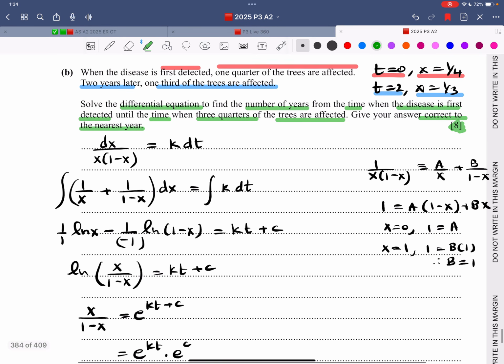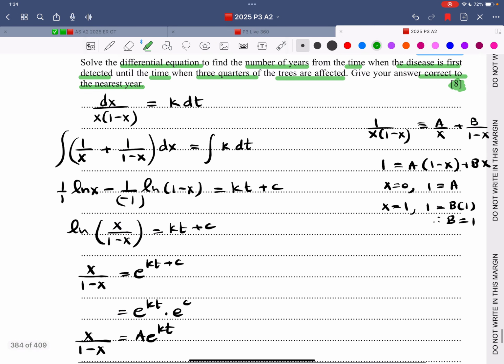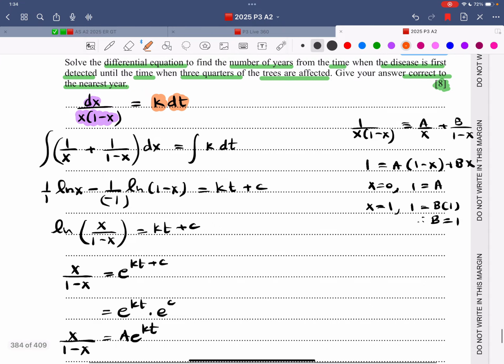So now over here, the differential equation, I have already done the variable separable. So this is dx over x(1 minus x), and this one is k into dt. Now this thing I have done on the sidelines. For dx over x(1 minus x), I have done the partial fraction.